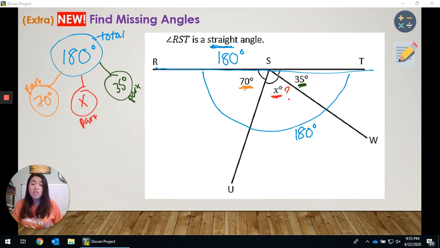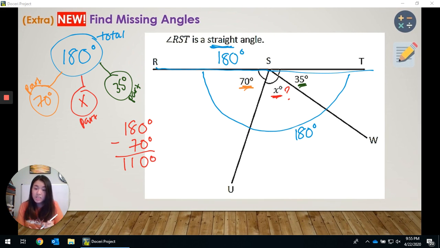Okay? There are a lot of different ways you could have solved this. So some of you would have just subtracted the whole thing. So you're trying to find a part, you would have subtracted from 180. Let's see. So maybe you did 180 degrees minus 70 degrees, and then you got 110 degrees, and then you subtracted 35 degrees, and then this is one where you have to regroup. See, messy there.